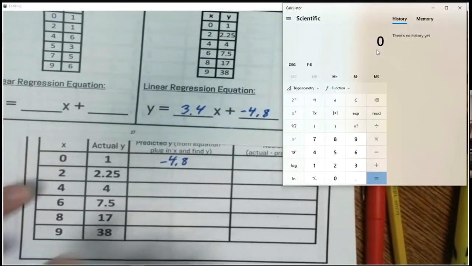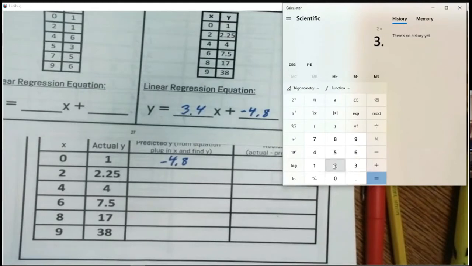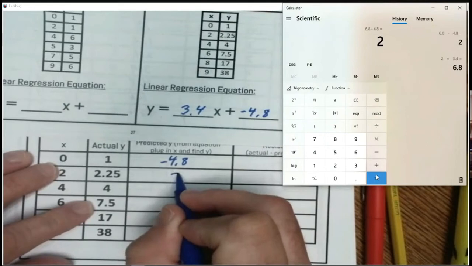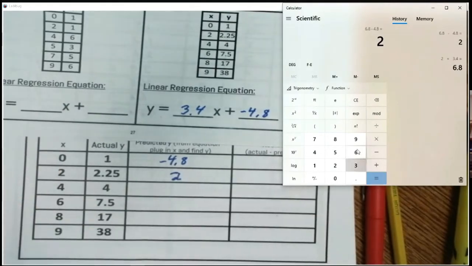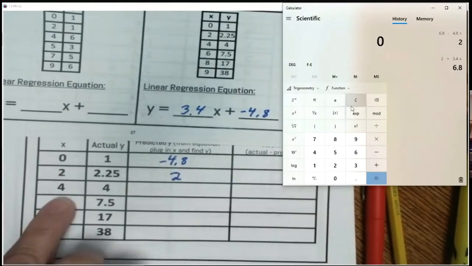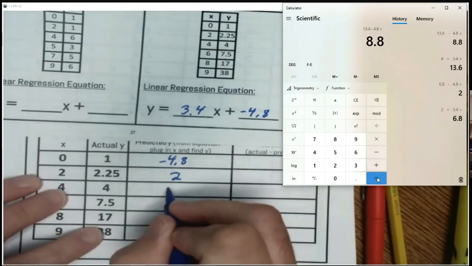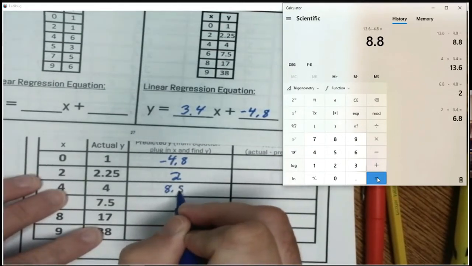How about when x is 2? So if we do 2 times 3.4 is 6.8 minus 4.8. So that should be 2. Now, when x equals 4 times 3.4 minus 4.8, 8.8 is what we would expect there.